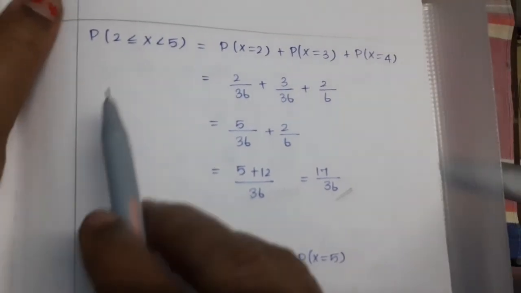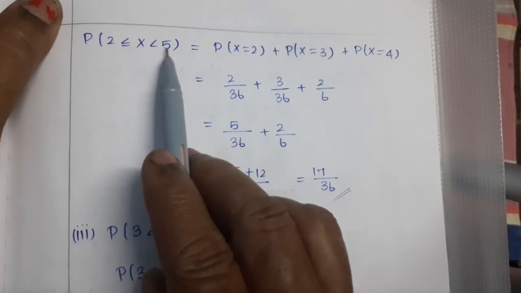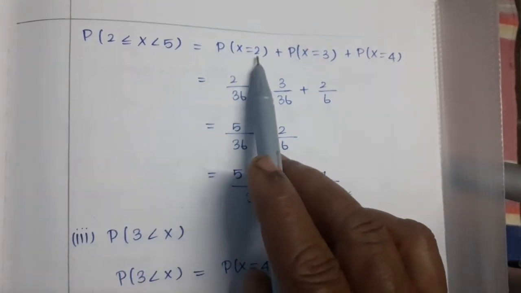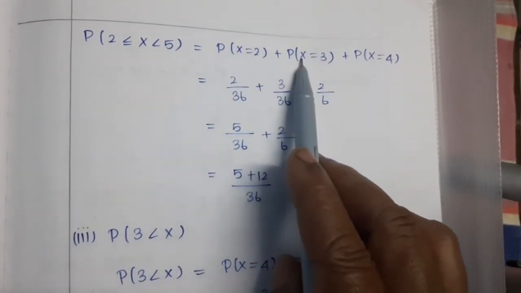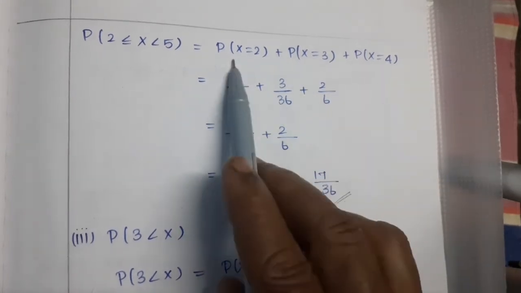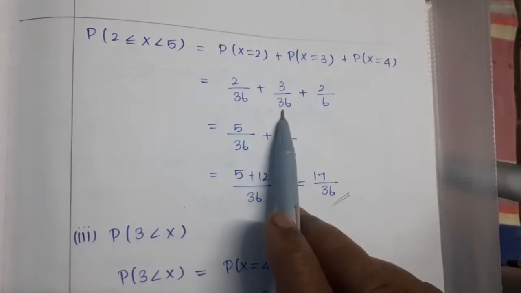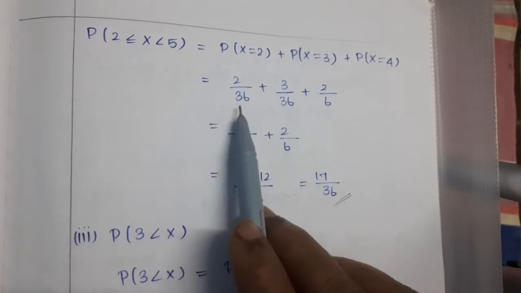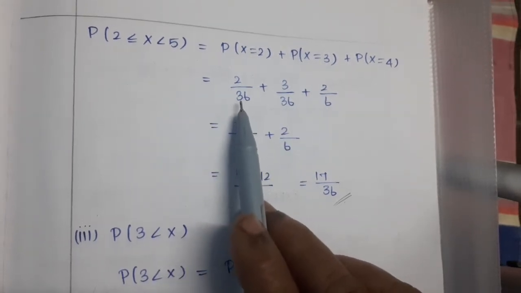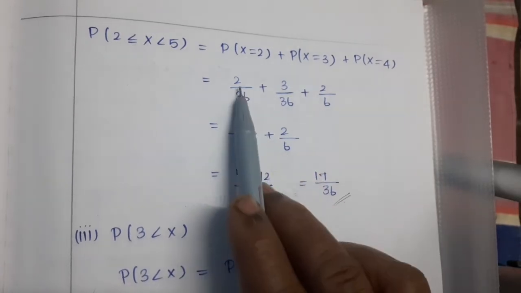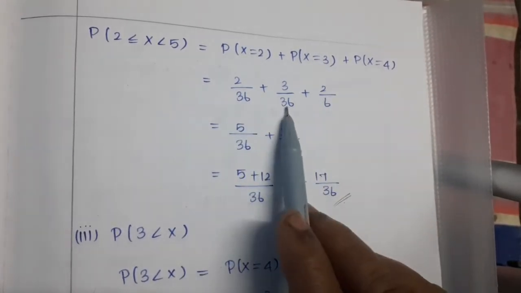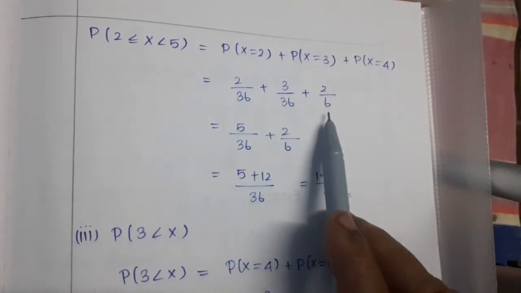What values does x take? X greater than or equal to 2 and less than 5. Therefore, the probability that x takes the value x is equal to 2, x is equal to 3, x is equal to 4. X is equal to 2 gives 2 by 36, x is equal to 3 gives 3 by 36, x is equal to 4 gives 2 by 6.